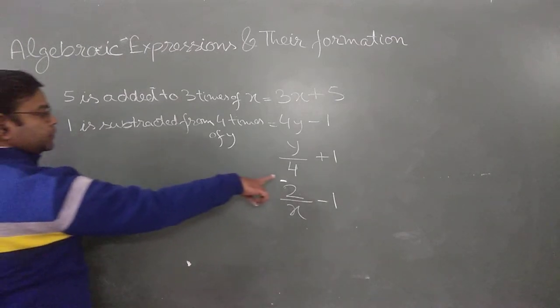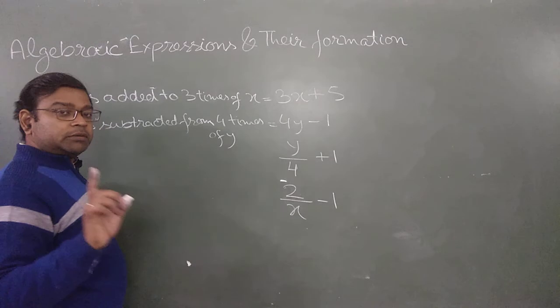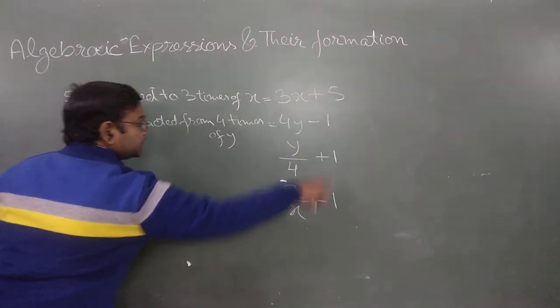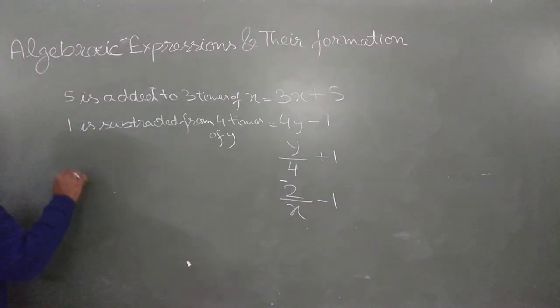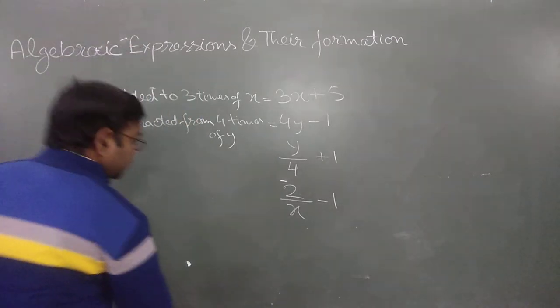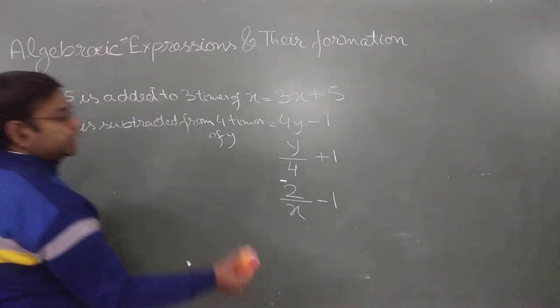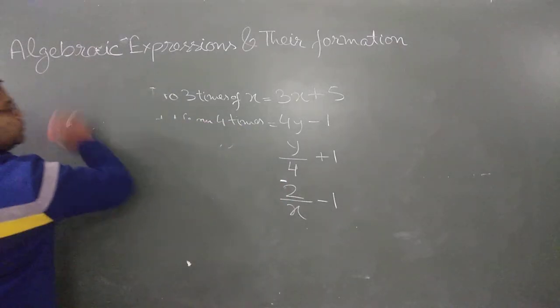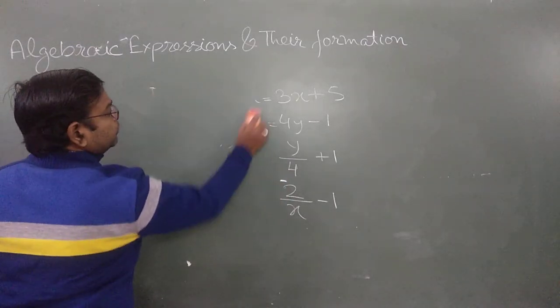This one. See the statement. Y is divided by 4 and 1 is added. This one must be a statement, or another statement is 1 is added to 4th part of y.